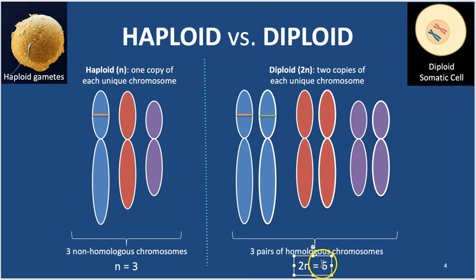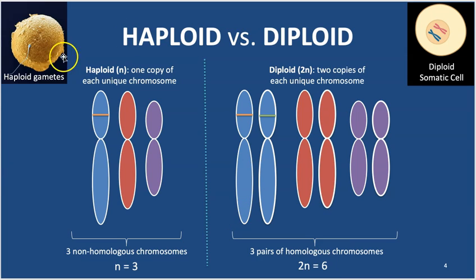So we can now know that the total number of chromosomes in this particular cell is 6, but 3 of those out of the 6 are identical to the 3 others in many ways. So they're versions. So 3 pairs of homologous chromosomes, we would write that as 2n, that indicates diploid, equals 6.